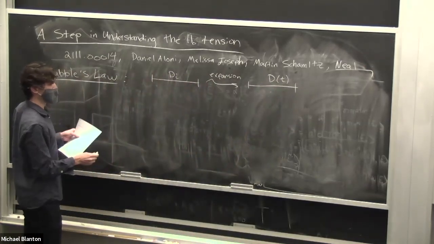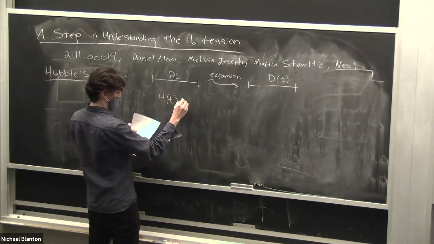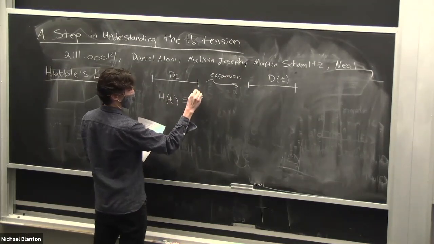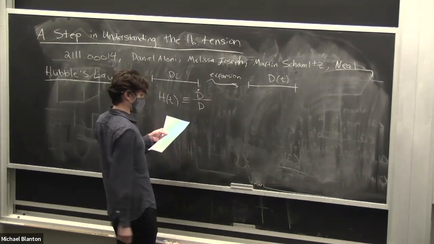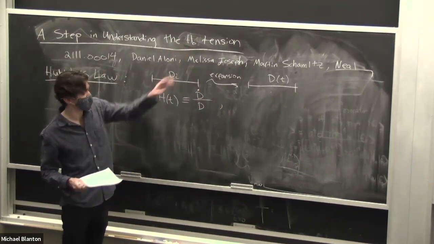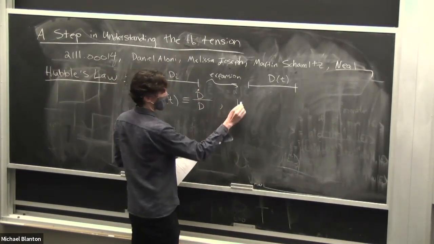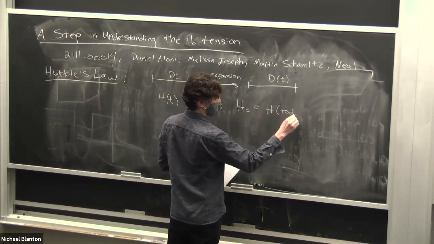This expansion rate is encapsulated by the so-called Hubble parameter. It's defined to be the time variation of this distance over this distance. And here you see I've used the symbol H naught. That just denotes the value of Hubble today.